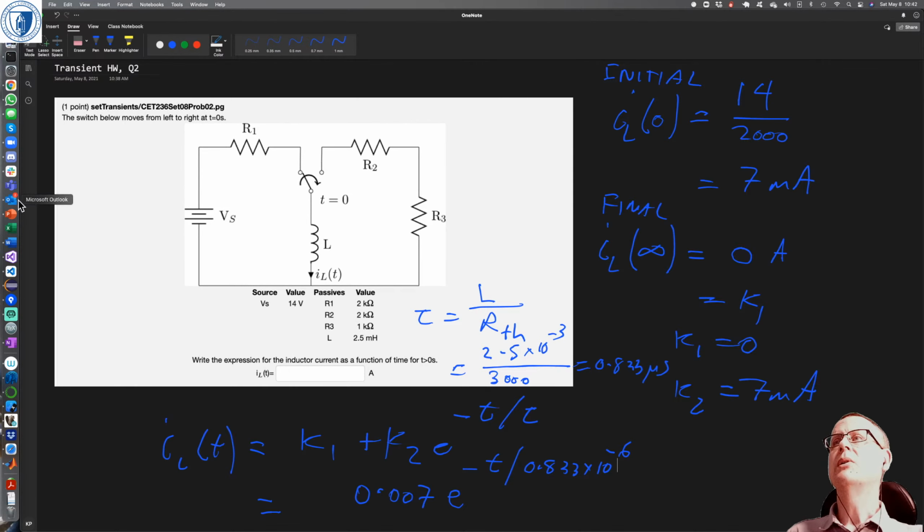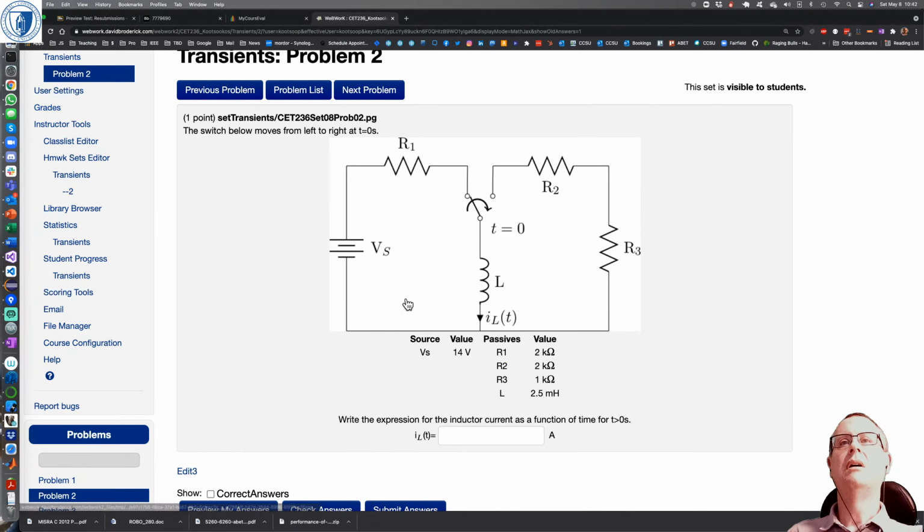And let's see if that works. So that's 0.007 times exponential minus t on 0.833 by 10 to the minus 6.